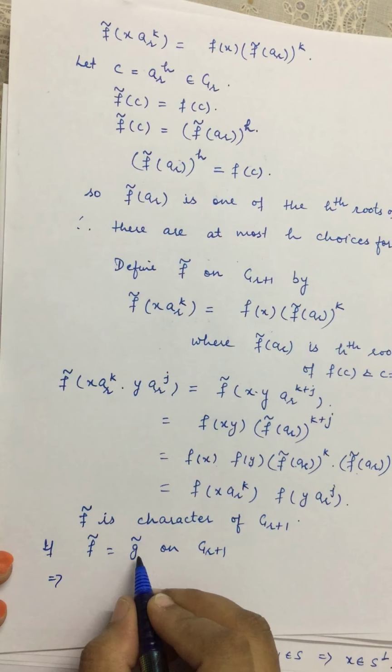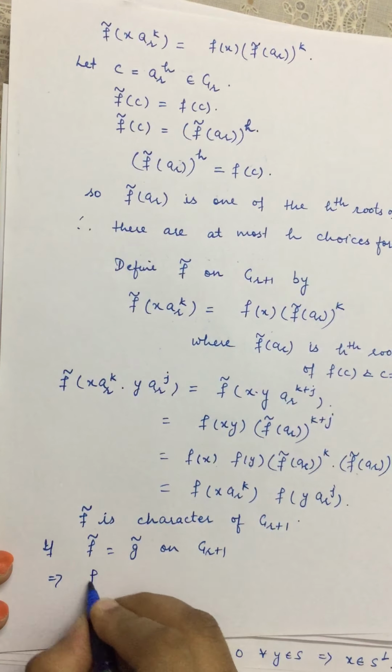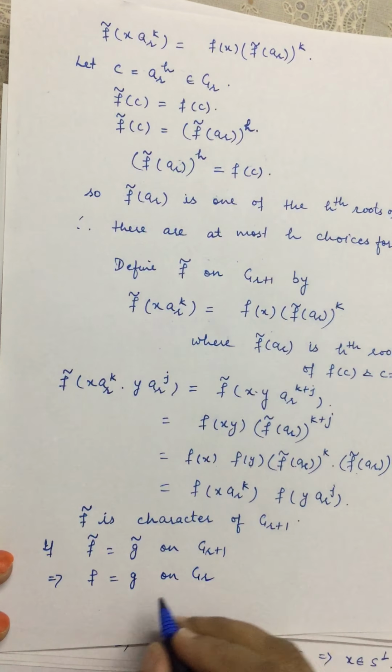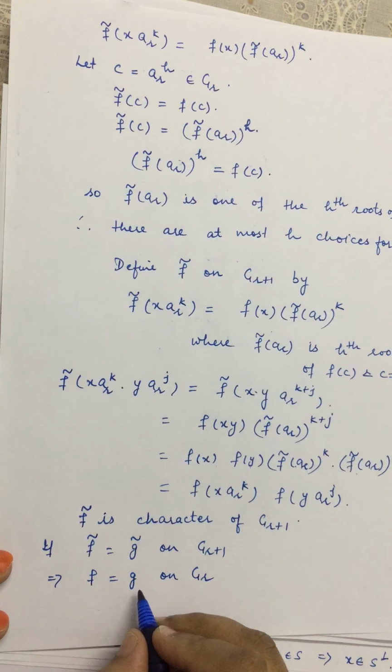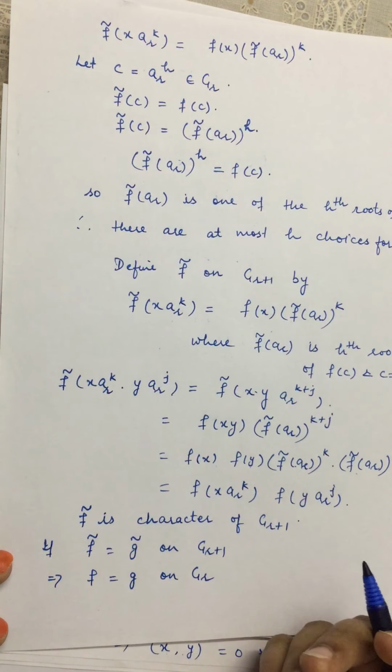Then since these are extensions of f and g respectively on GR, f and g should be equal on GR, and that is not possible because these two are different characters of GR. So it means no two extensions of two different characters can be identical.